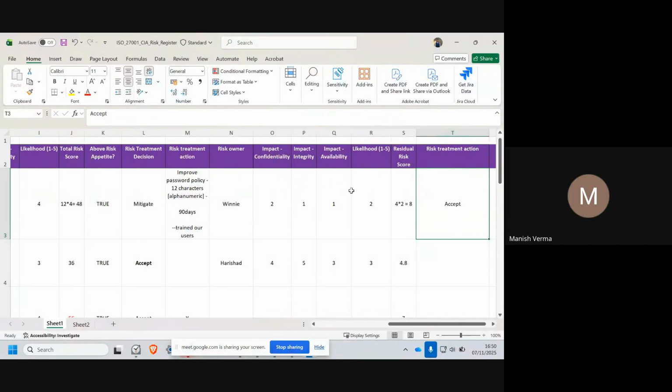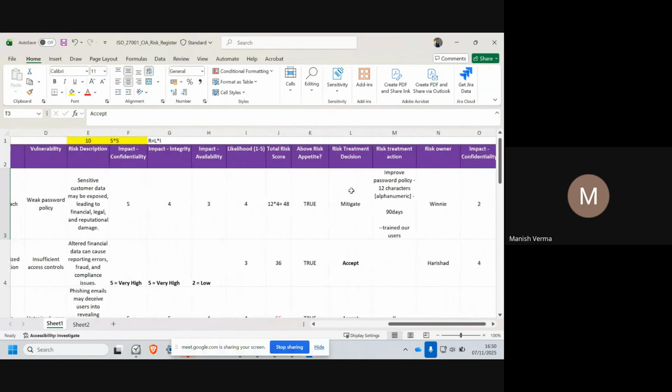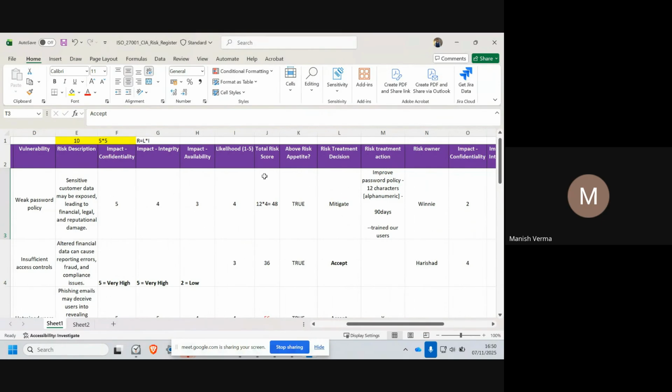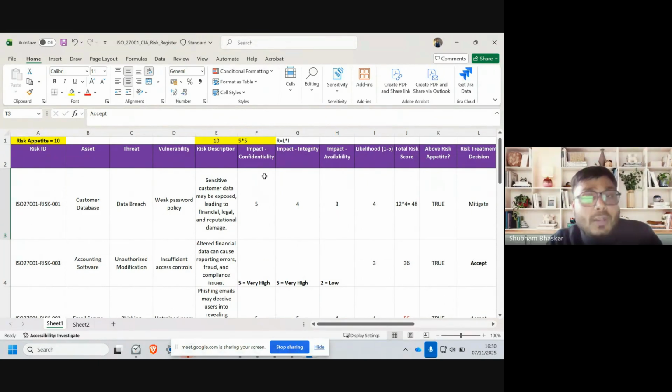One question I have is, you have put impact as confidentiality, integrity, and availability, but generally in a risk register, there is only one impact column. You're absolutely right, and you can have it that way as well. I think we both are right. It depends on the organization. Their organization, like you rightly said, only puts one impact, right?